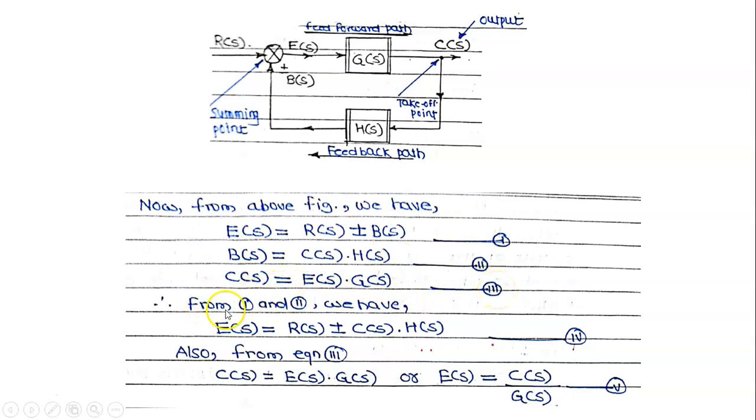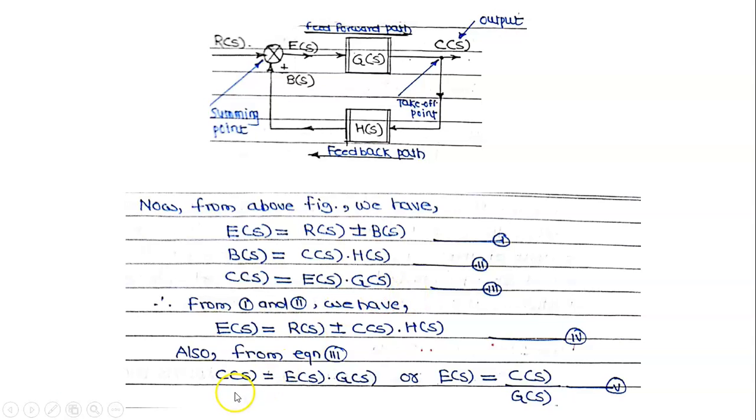From equations 1 and 2, we have to substitute the value of B(s) in equation 1. Therefore E(s) is equal to R(s) plus or minus C(s) H(s), equation 4. Also from equation 3, C(s) is equal to E(s) into G(s).